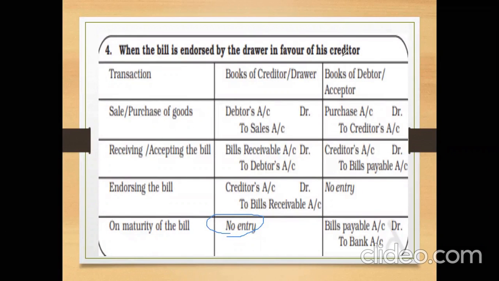Now, in the books of drawee, how does this endorsement affect? Logically, the drawee is not aware about this arrangement, so he will have the same journal entries as regular. At the time of purchase, there will be purchase account debited to creditor's account.